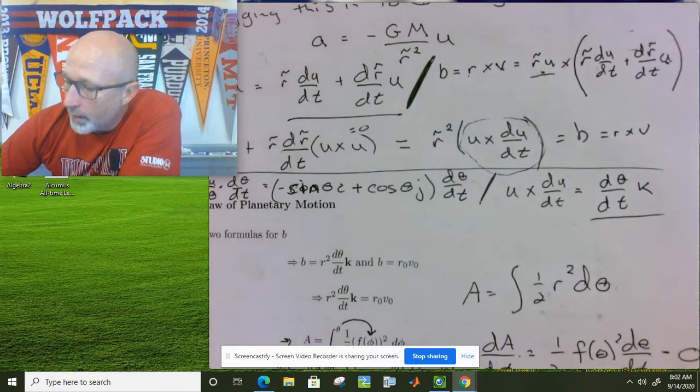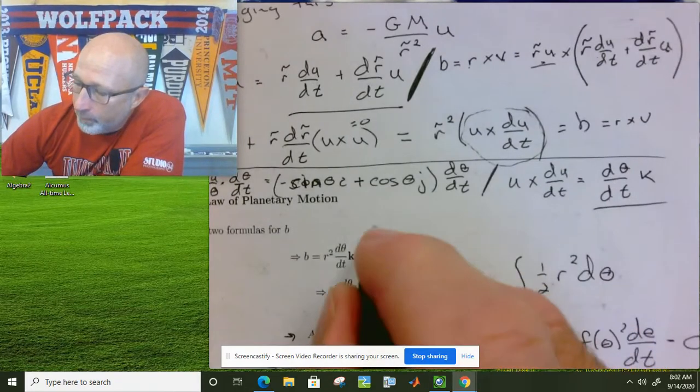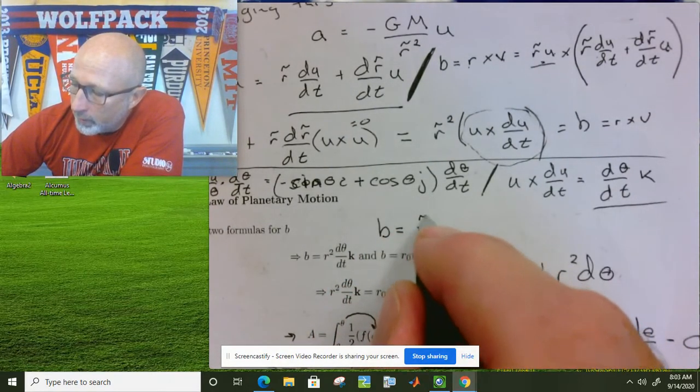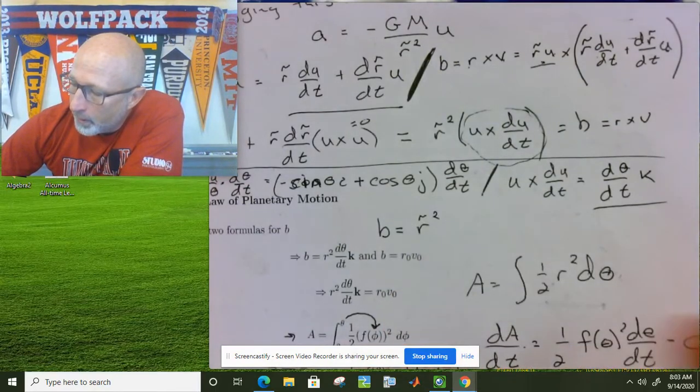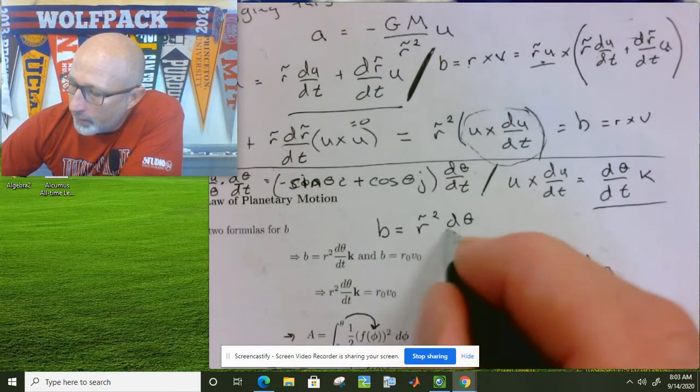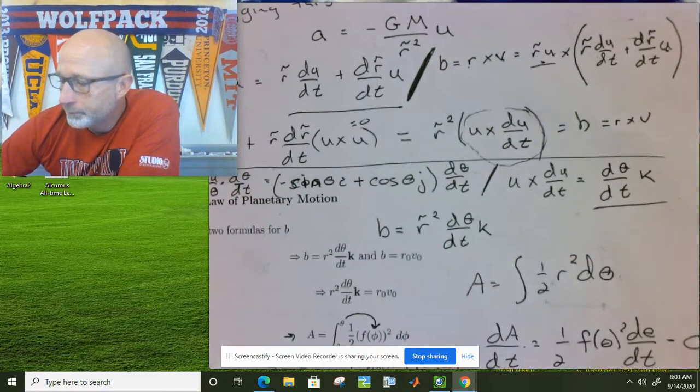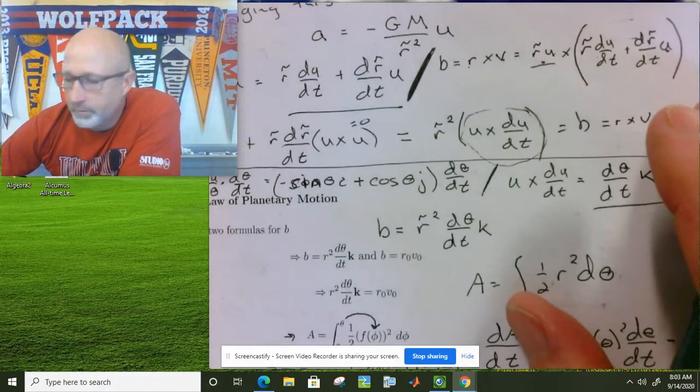Okay, so what do we have then? We have b is equal to r tilde squared times d theta dt k. But I also had another equation for b.